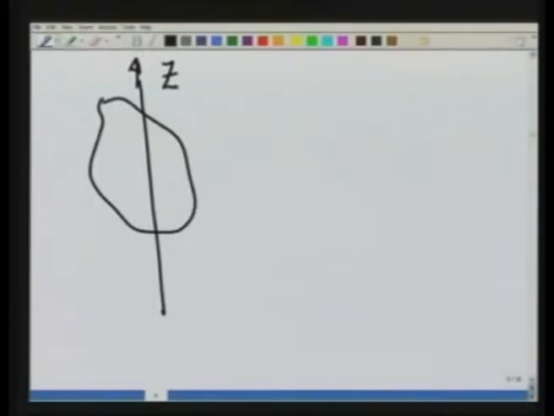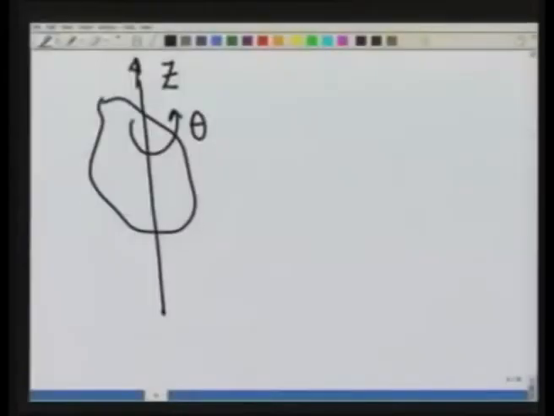The only relevant parameter in this is going to be how much the body rotates about this axis, because the only thing I am considering is rotation of this body about this axis.